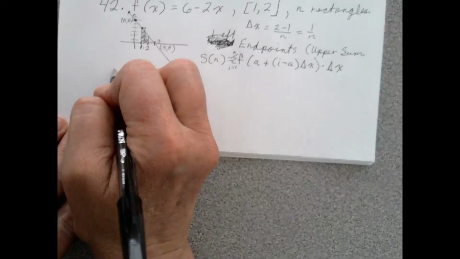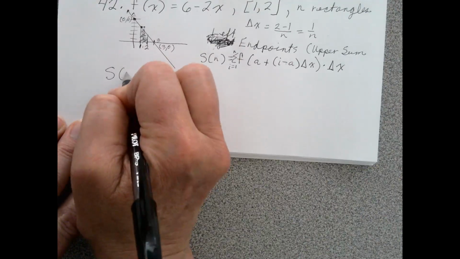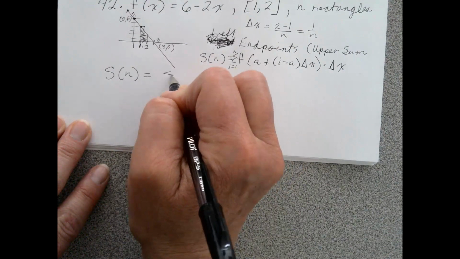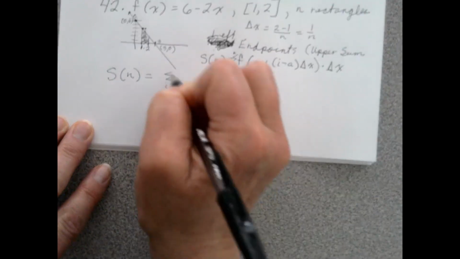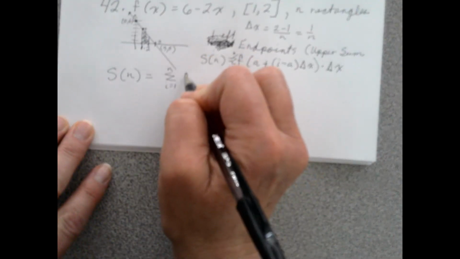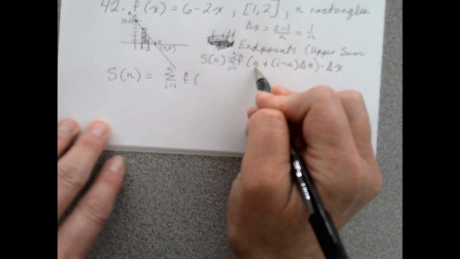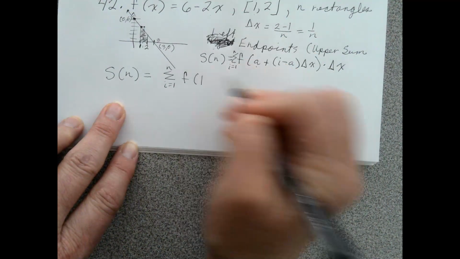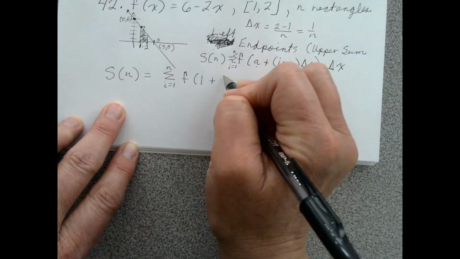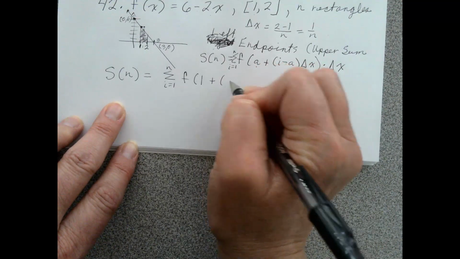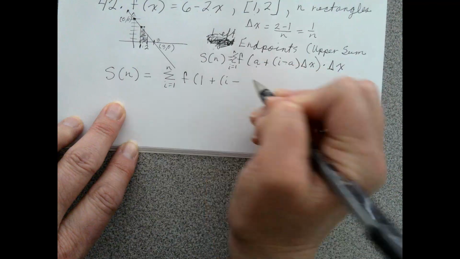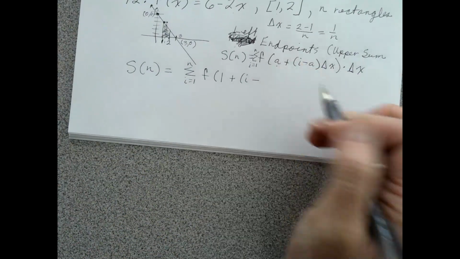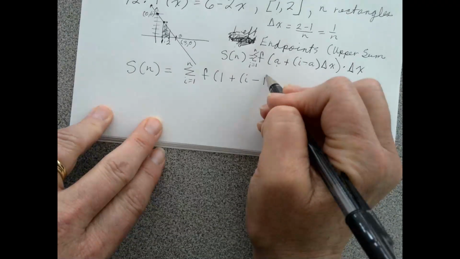So the sum of n rectangles is going to be the summation, i equals 1 to n, of f of, so what is the left lower limit? 1, plus i minus, again, that lower limit is 1.